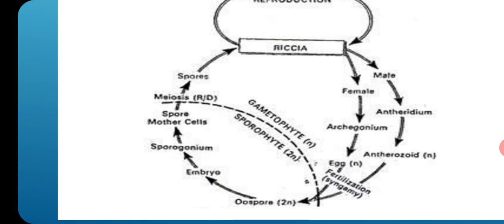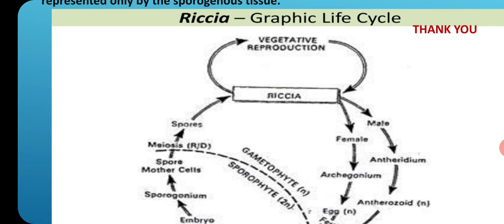Each spore mother cell, by the process of reductional division or meiosis, produces haploid spores. Each haploid spore is N in chromosome number. During favorable conditions, each spore germinates once again to produce the Riccia plant. Here, the gametophytic generation is dominant and the sporophytic generation is restricted.